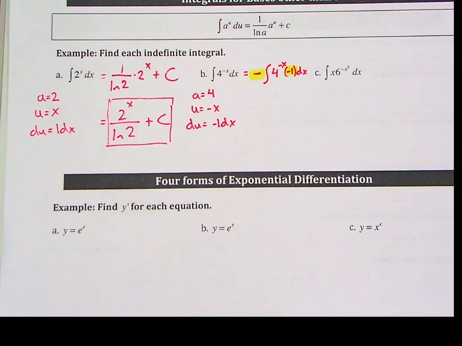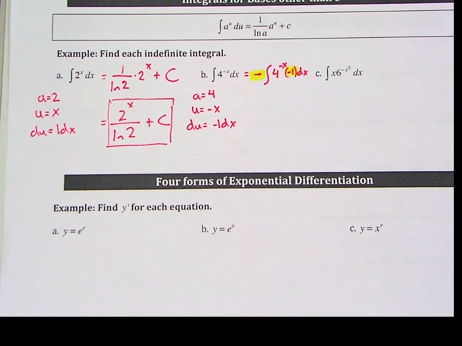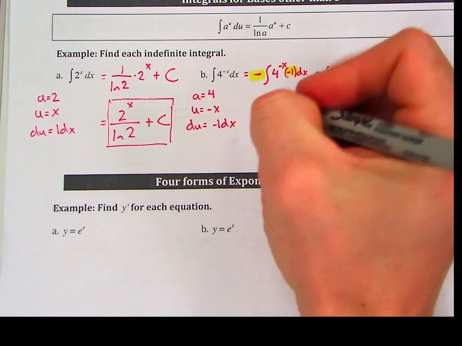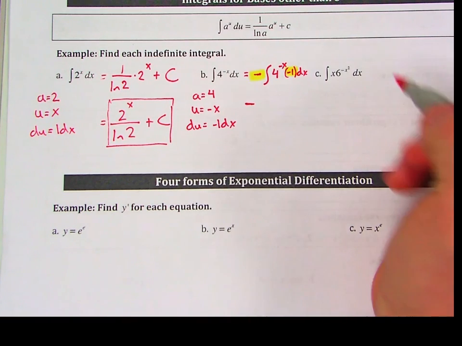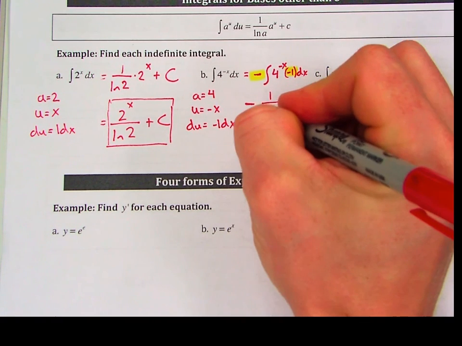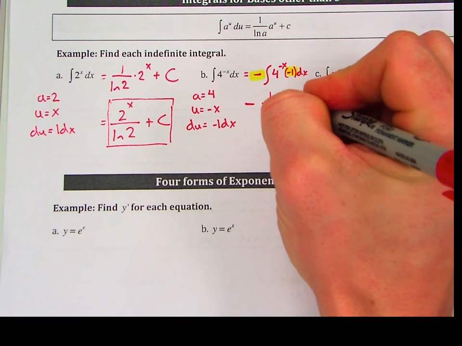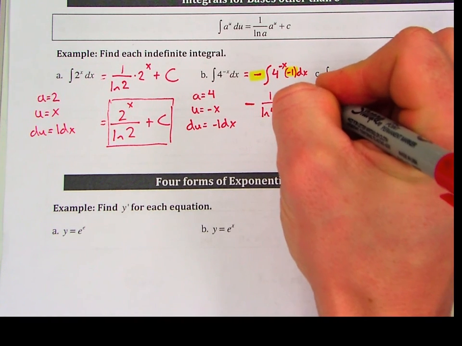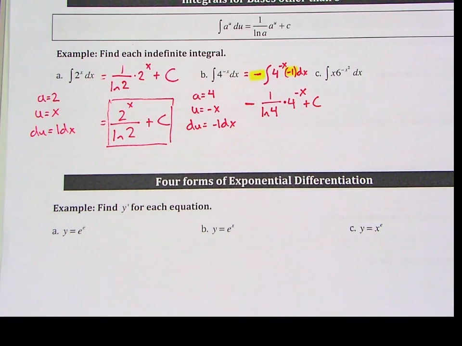So those cancel each other out right there. So all in all, we're just going to carry down that negative. And then we're going to perform the integration. So 1 over natural log of the base, 4, times 4 to the negative x, and then plus c.